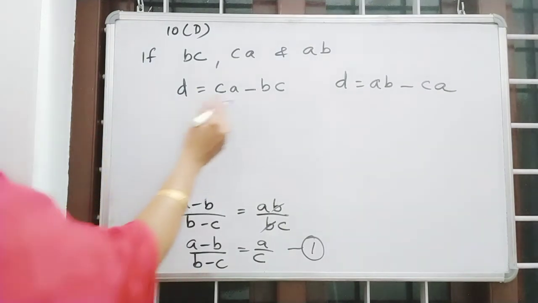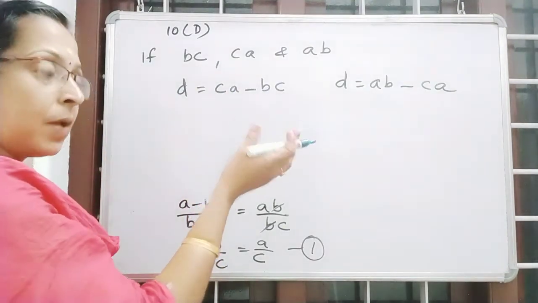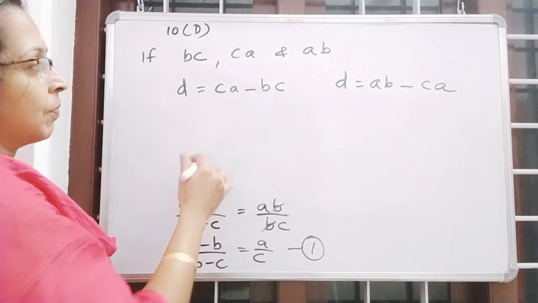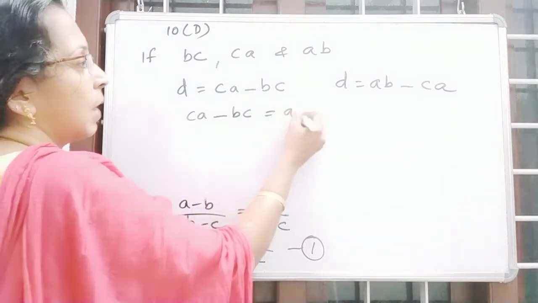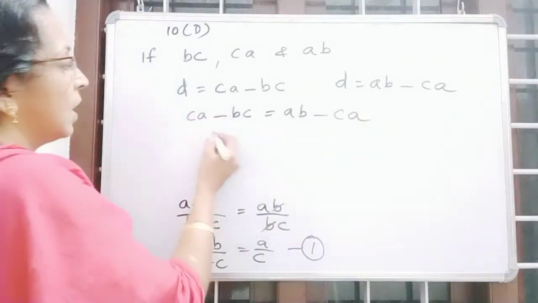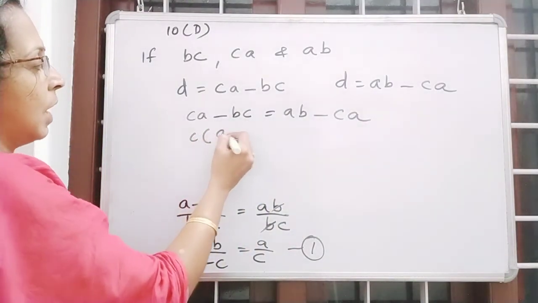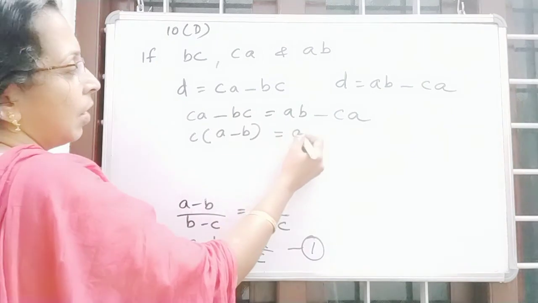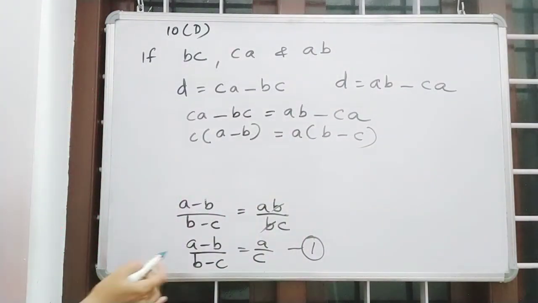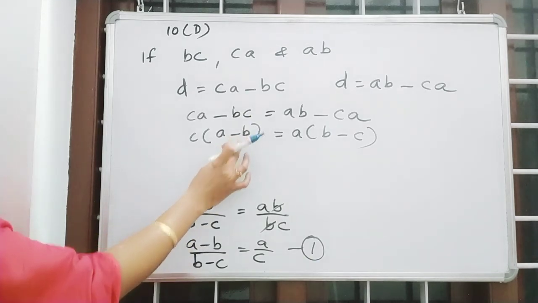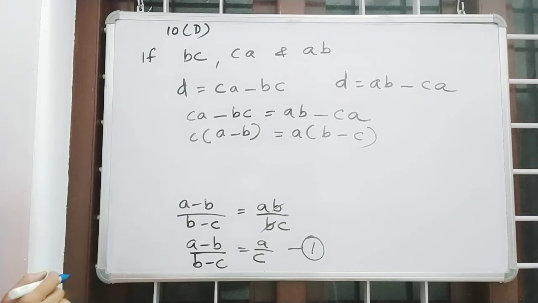If they are in AP, common difference will be same. So we can equate CA minus BC is equal to AB minus CA. Here C common, A minus B. Here A common, B minus C. Can we write this in form of equation number 1?